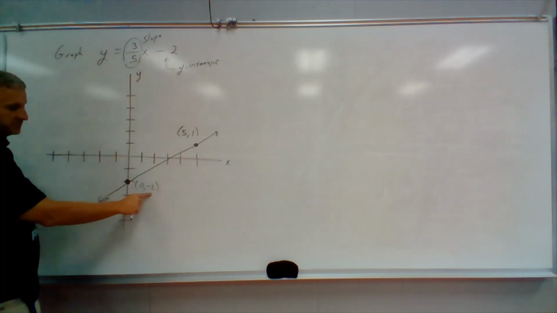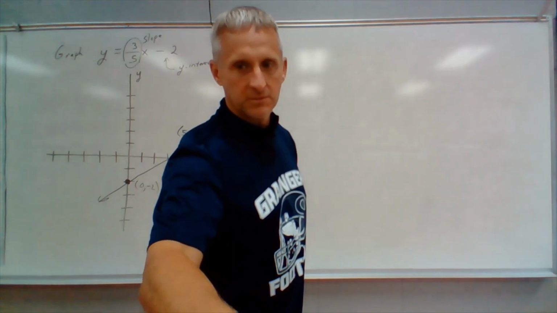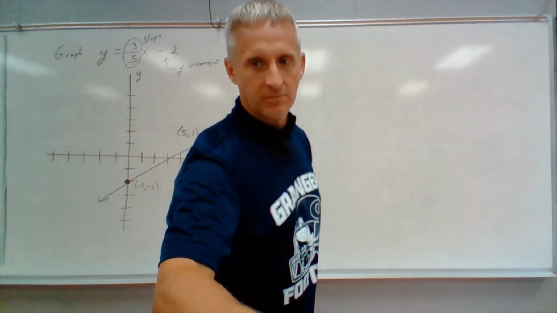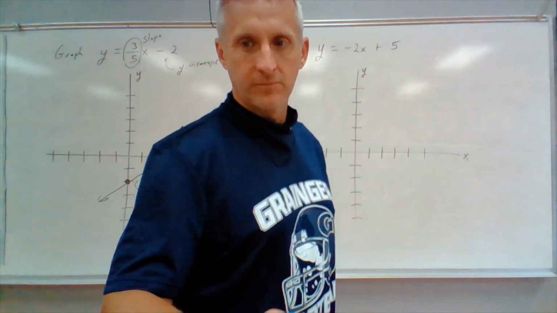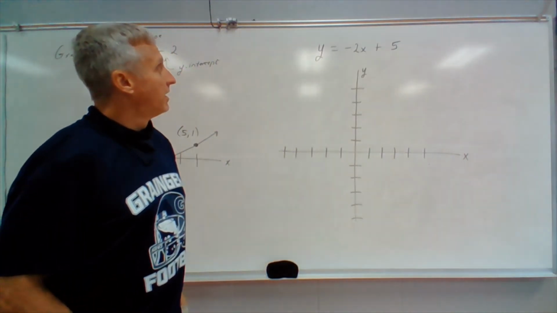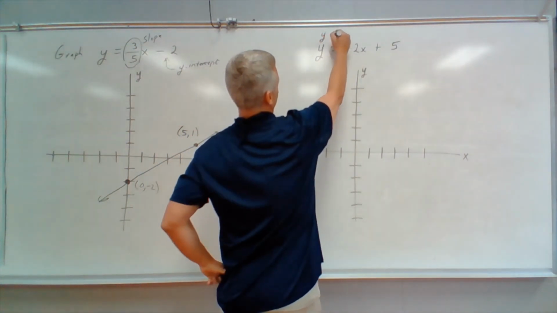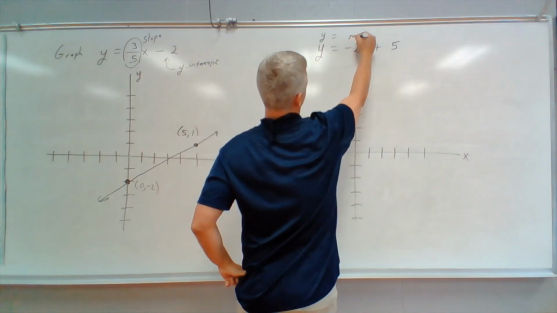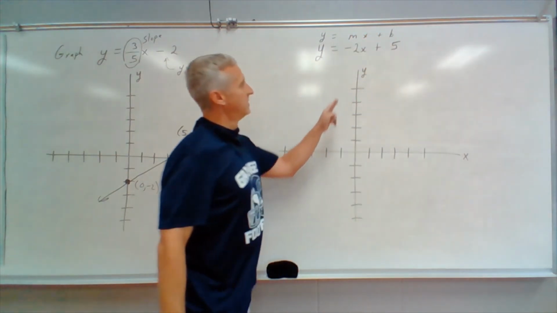All right, let's try another example. Again, I have an equation, and this has the form y equals mx plus b. So my slope is -2, and my y-intercept is 5. I'm going to plot the y-intercept, 1, 2, 3, 4, 5.